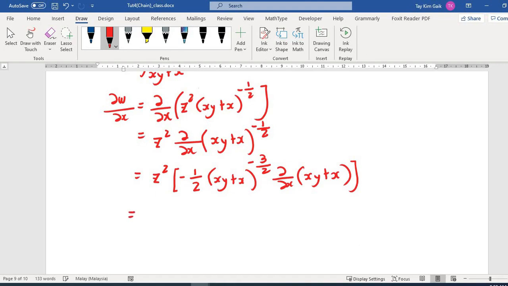That's why you will get this. You have z squared negative, so 2 here. So this is xy plus x, bring down, it becomes positive power 3 over 2. Del x of xy plus x, you have y plus 1, because when you del x of xy, y is constant, that's why you get y. Del x of x is 1. So this is your del w, del x.